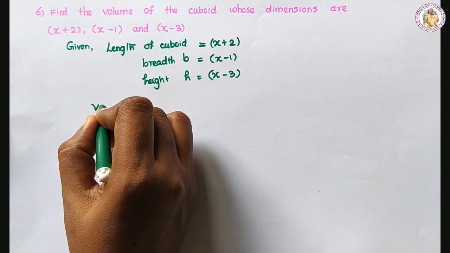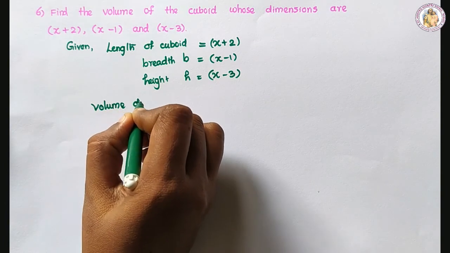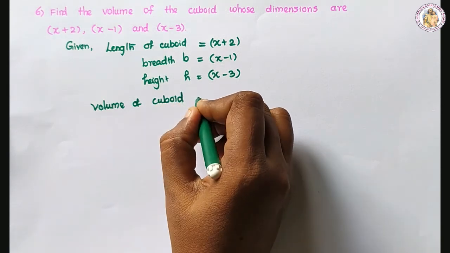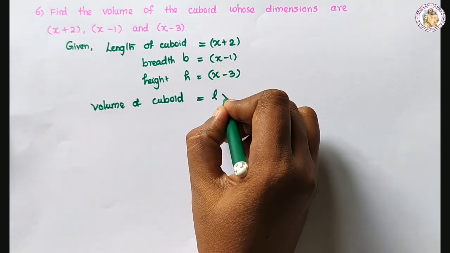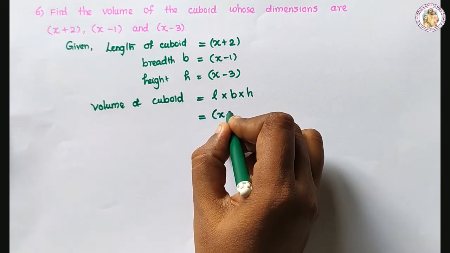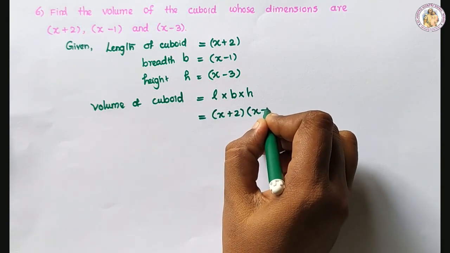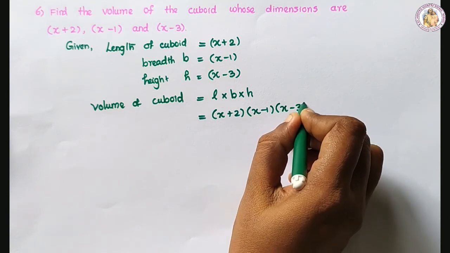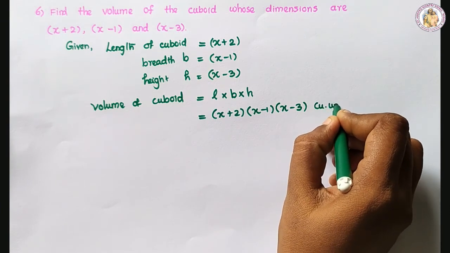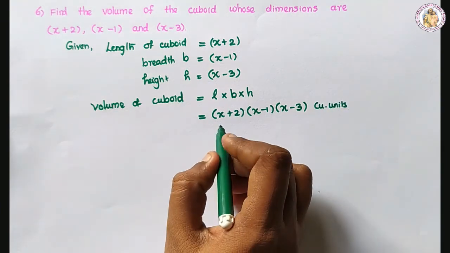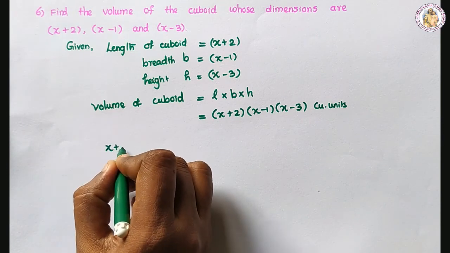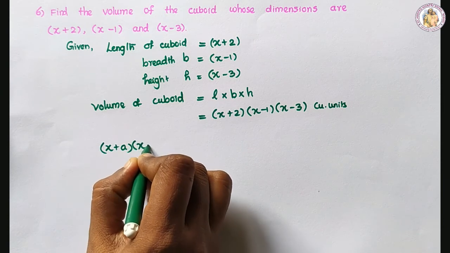Now volume of the cuboid, L into B into H, that is equal to x plus 2 into x minus 1 into x minus 3 cubic units. It is in the format x plus a into x plus b into x plus c, right?